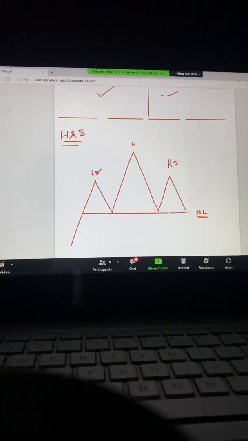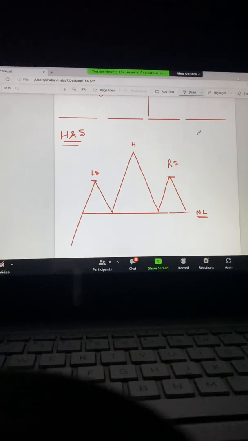Now let's try to understand a few important points over here. One of the most important points is that it is not important that the height of the left shoulder and the right shoulder should be exactly the same. Plus minus a few points is absolutely okay. It's just that the head should be taller than the left and the right shoulder.